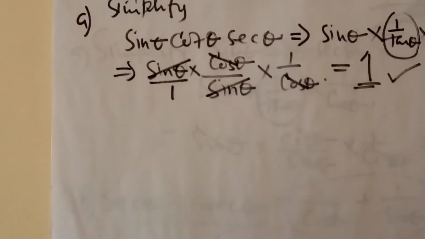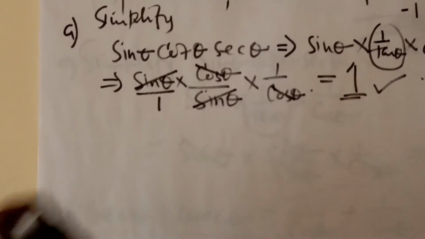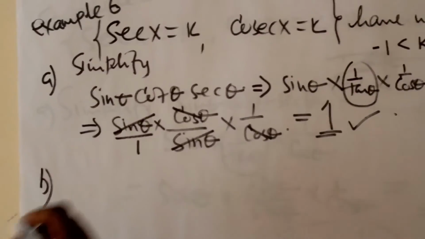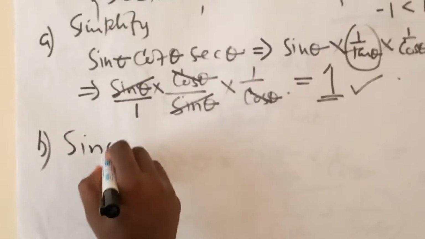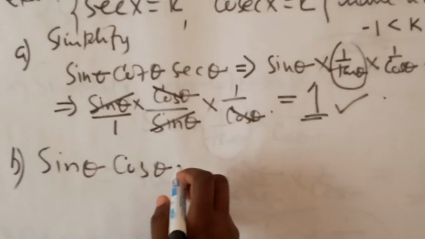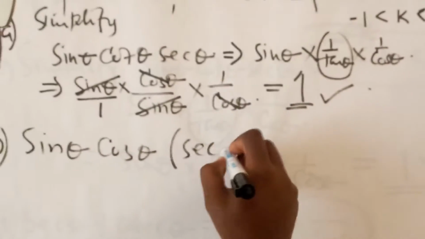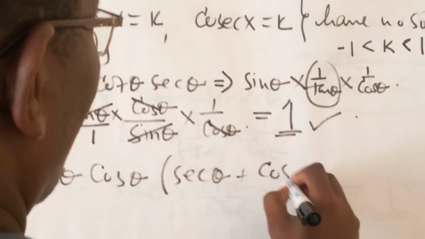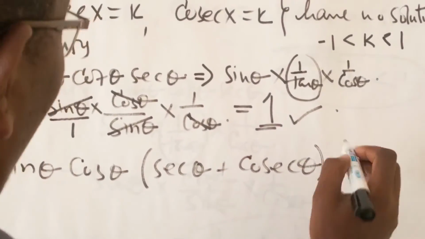Part B of example 6: simplify sine theta, cos theta, open bracket, sec theta plus cosec theta, close bracket.